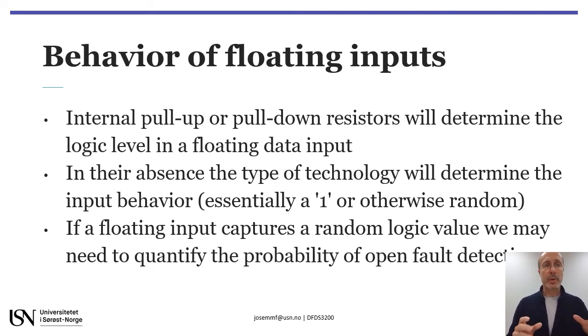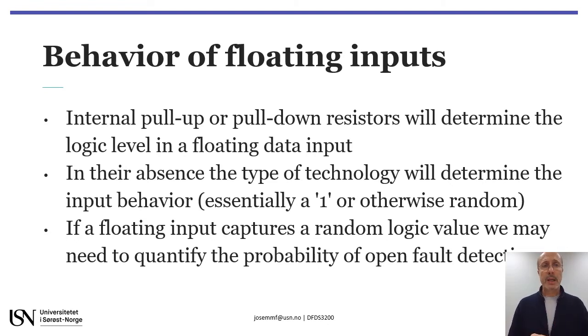But it may also happen that a floating input will end up at an intermediate voltage level between ground and the power supply. And in that case, we cannot predict if a 1 or a 0 will be captured by the associated boundary scan cells.